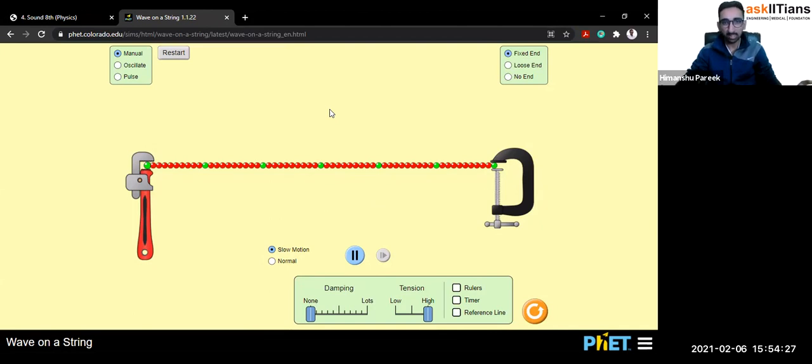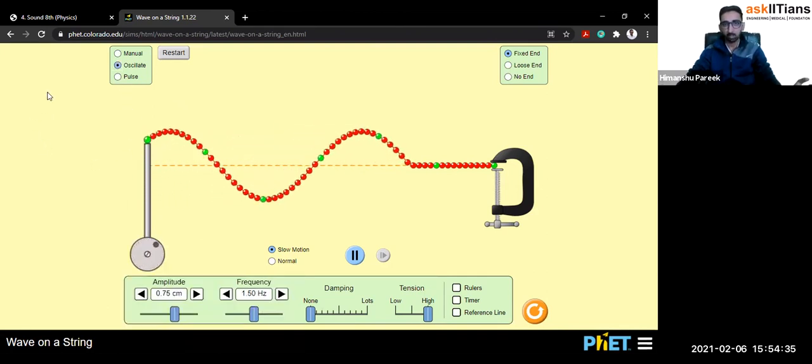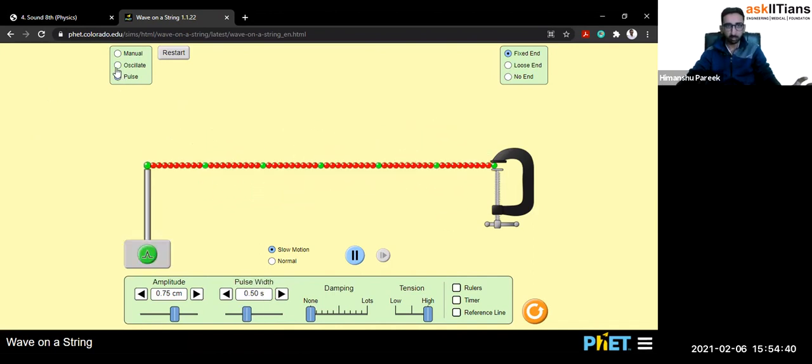So first of all, let us try to produce a wave. How does a wave typically look? That's how a wave is produced. As I was telling you in the previous section, to produce a wave, suppose this is one end of the string and the other end of the string is connected to a fixed wall.